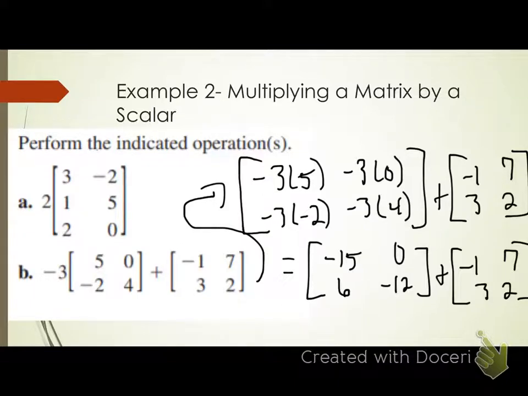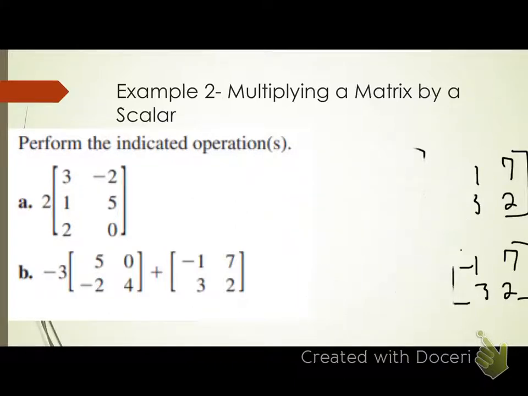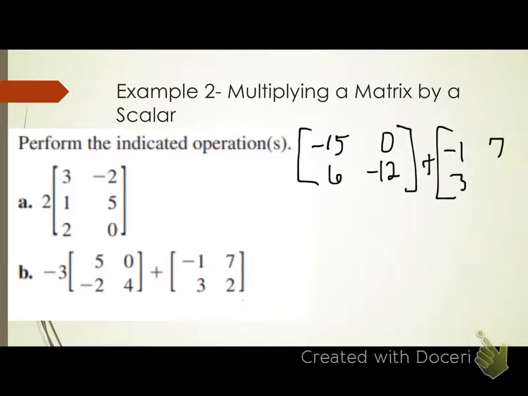Alright, so I've done my multiplication, my scalar multiplication. So now I need to do my addition. And I am going to erase because I am completely out of room. So my two matrices were negative 15, 0, 6, negative 12, plus negative 1, 7, 3, and 2.